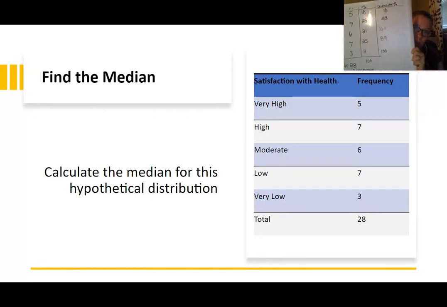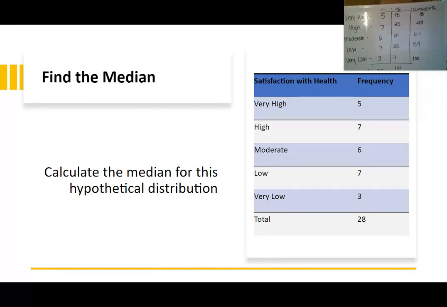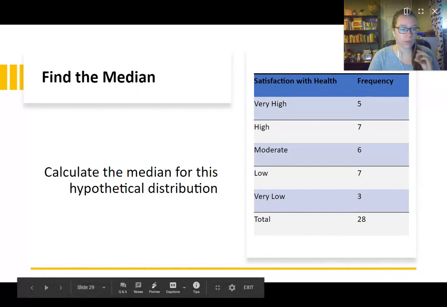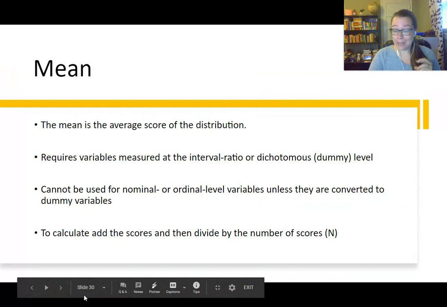You can see the other ones that I did here, but that's not going to matter so much, because our cumulative percent easily tells us that moderate is where the median is, as well as figuring out where the 14th and 15th cases are. All right, that is the median.